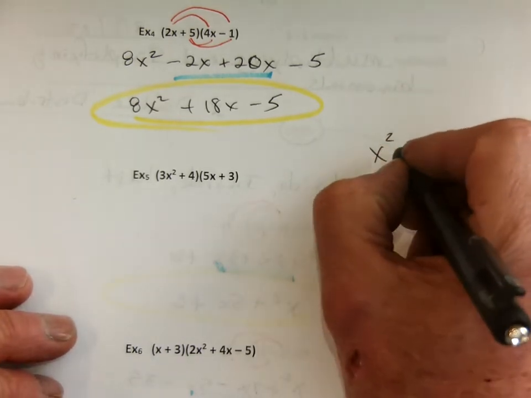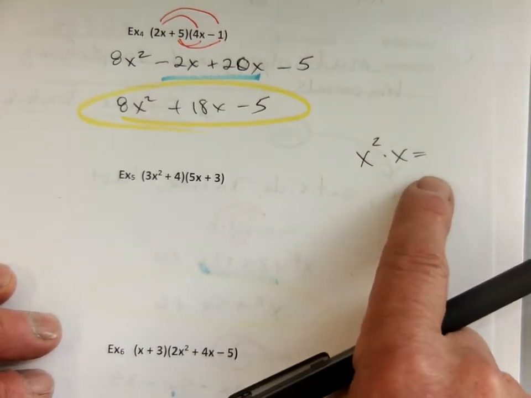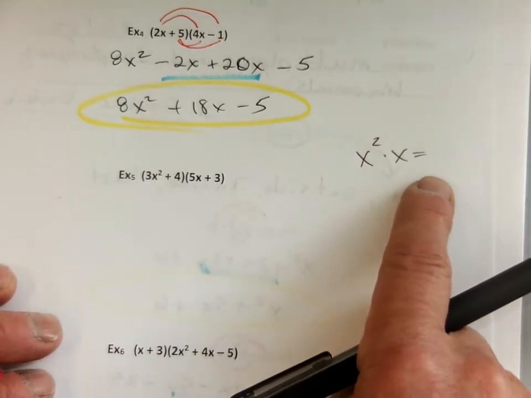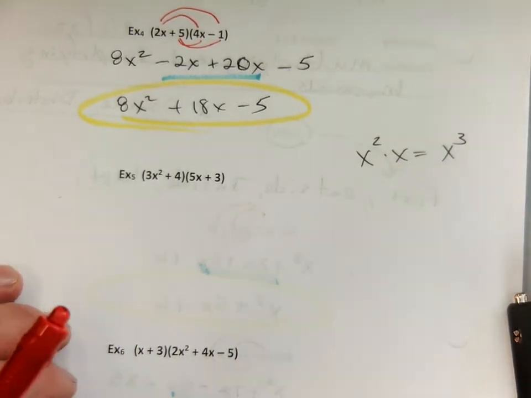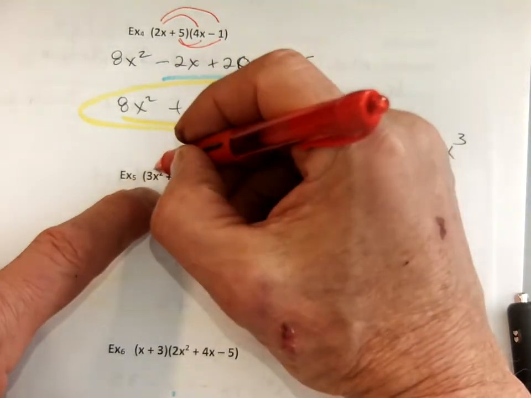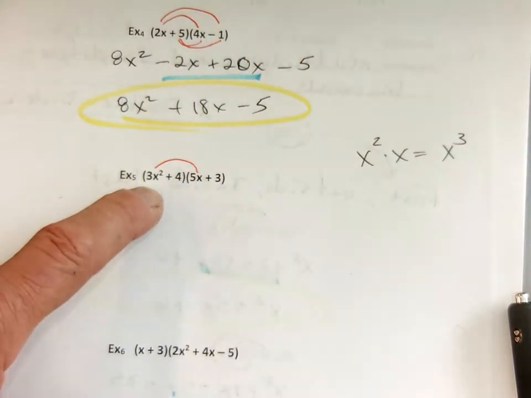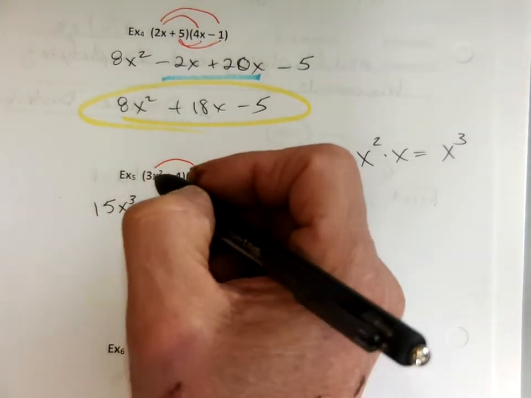So now, x squared times x equals what? Anybody know that one? X squared times x is what? X to the third. Okay. So we'll do the same thing. If you guys have to leave, homework's right here. So same thing. I'm going to go 3x squared times 5x is a 15x to the third.